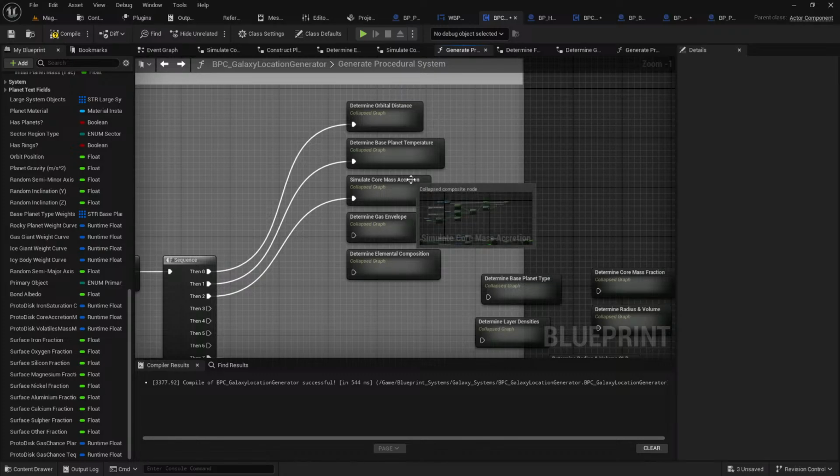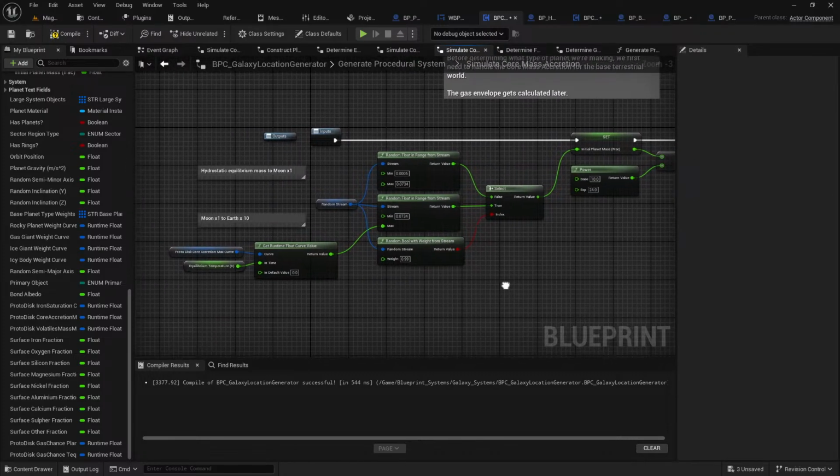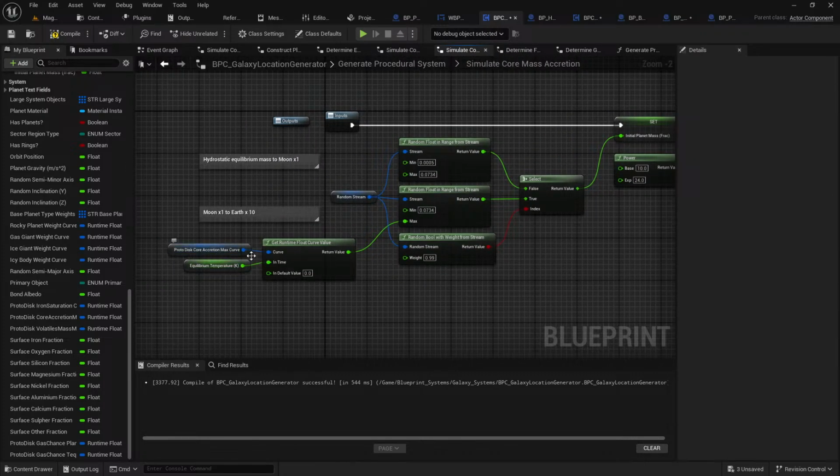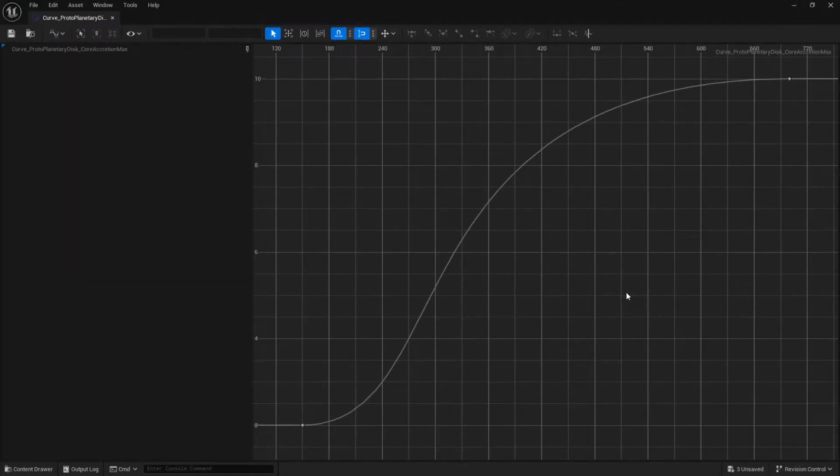So all we're doing is we're simply using a curve, i.e. this, and this is our mass curve of the protoplanetary disk. So obviously the further out of the system you get, the more mass there generally is in order to form planets.